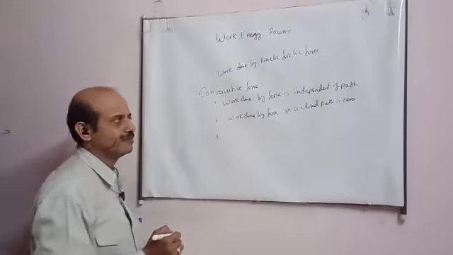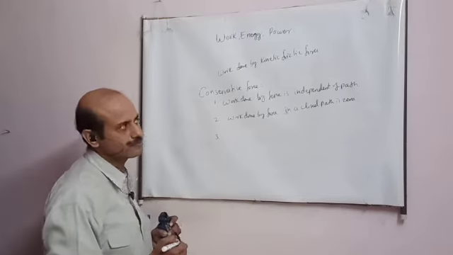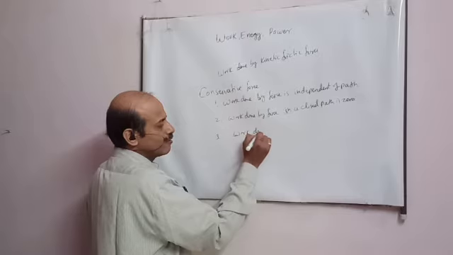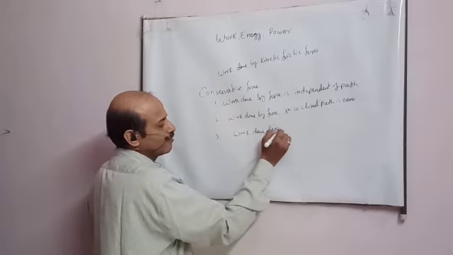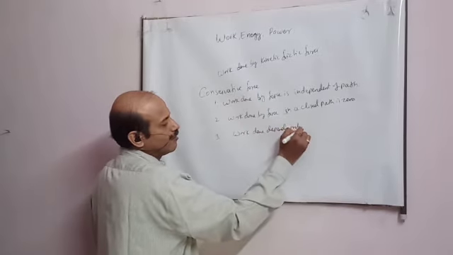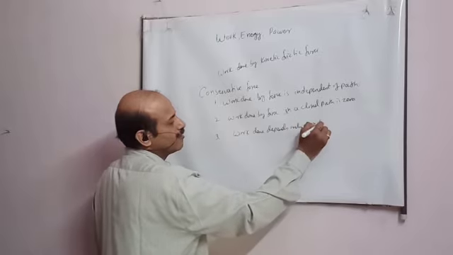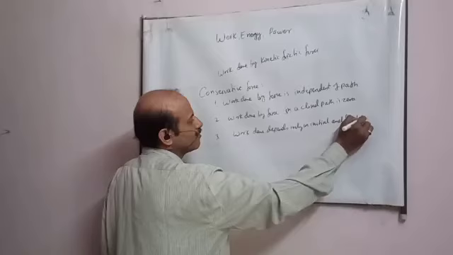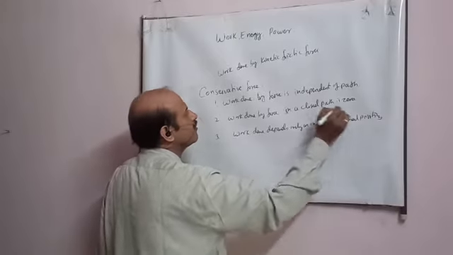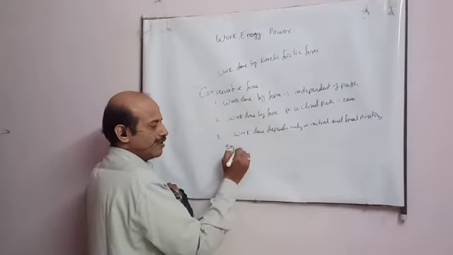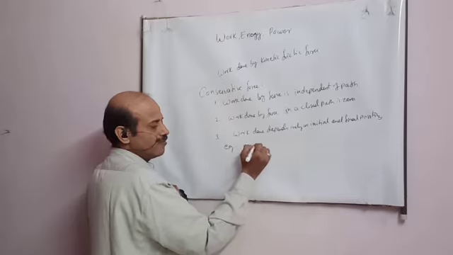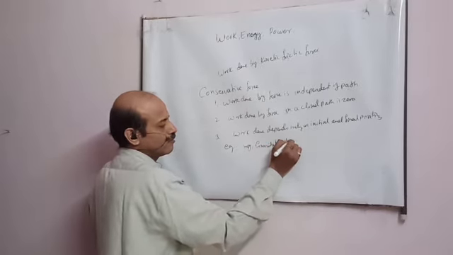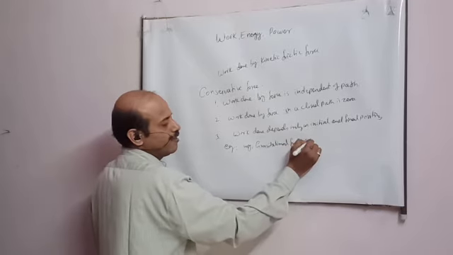And third, the work done depends only on the initial and final position. The example we have already seen is the mg force, that is the gravitational force. Then the spring force.